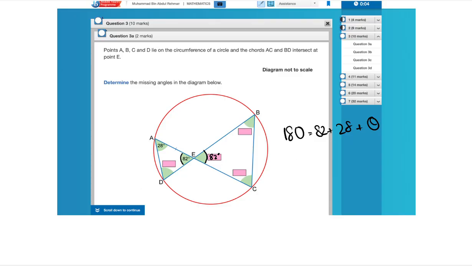If we were to solve for theta, 28 plus 82 is 110. So 180 minus 110 would give us an answer of positive 70, right? This one would give us an answer of positive 70.